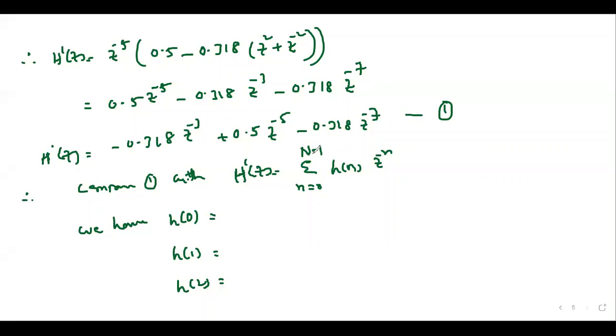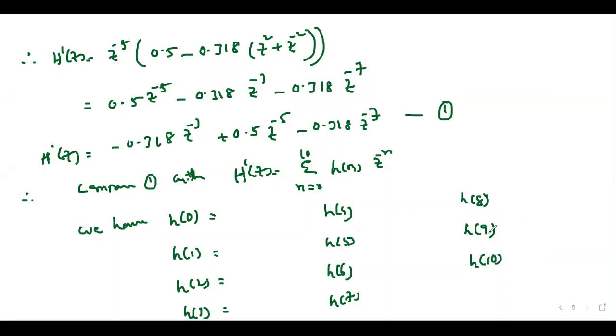N is equal to 11 means 0 to 10. So h of 3, h of 4, h of 5, h of 6, h of 7, h of 8, h of 9, h of 10. Okay, so these values we need to find out from this first equation.